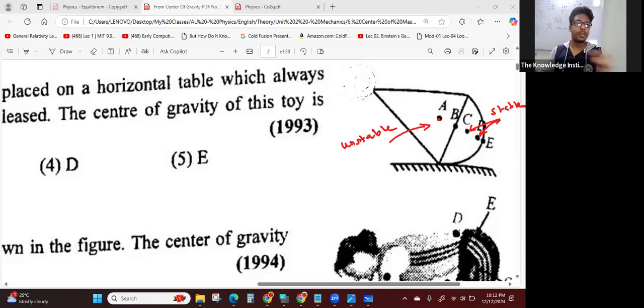There is a toy, and this question was about that toy. If you tilt it, it will come back to the same place. It's like a balloon. At the bottom part there is a small pocket, they filled it with sand, so they are heavy at the bottom. So even if you tilt it, it will come back to its vertical shape. But if the center of gravity is at B, it is neutral, because whatever place you keep it, it will be balanced. The point B is neutral here.